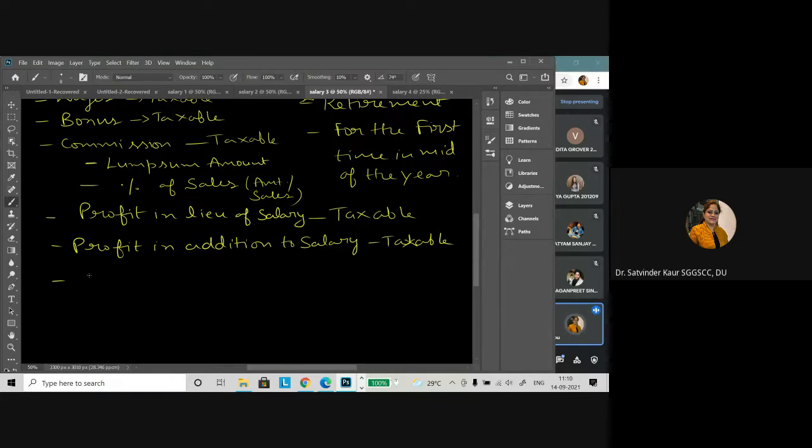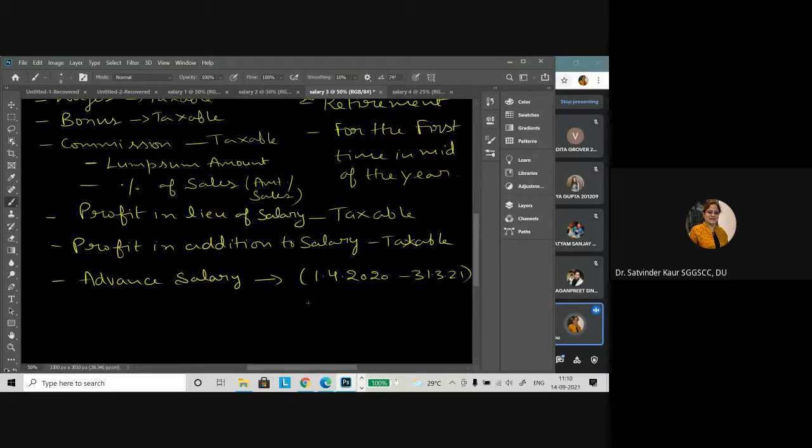Then there comes a concept of advance salary. When we talk about advance salary, it means that we have to take the income of the previous year, 1st April 2020 to 31st March 2021, right?